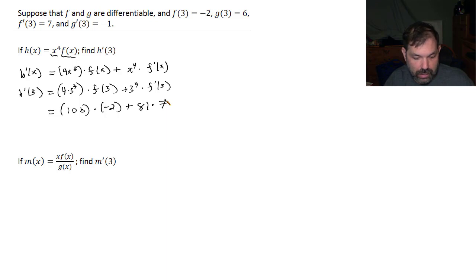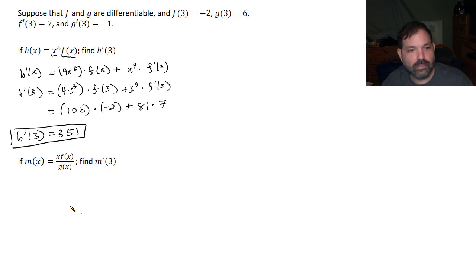So I've got 108 times negative 2 plus 81 times 7. I get 351. H prime of 3 is 351. All right, so that's how I would do that first exercise.